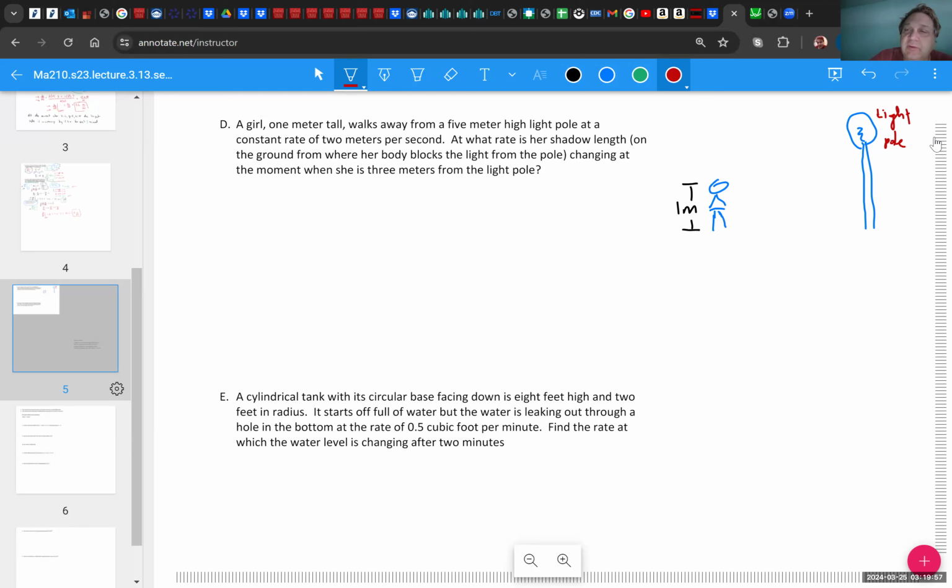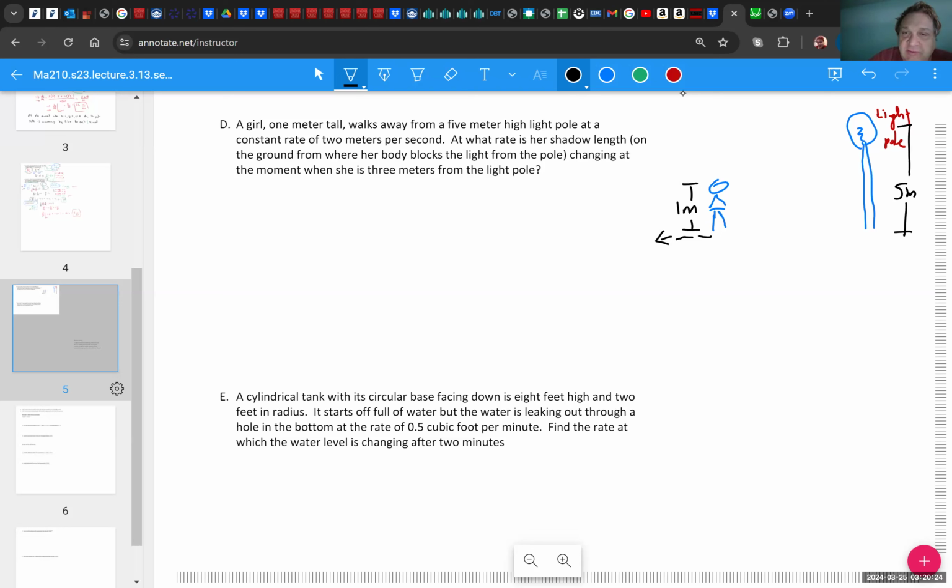So this guy is 5 meters tall. We got a 5-meter tall light pole, and a 1 meter tall girl. She is walking away, so she is going this way. The girl is walking away from the pole.